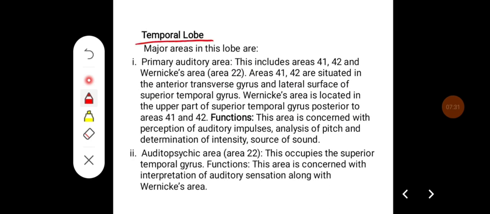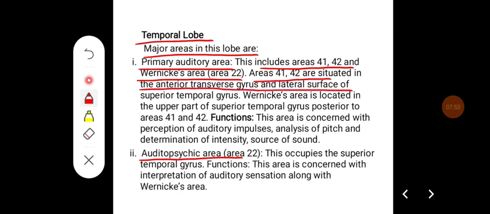Coming to temporal lobe, the major areas of this lobe are primary auditory area and audiopsychic area. Primary auditory area includes areas 41, 42 and Wernicke's area, that is area number 22. Areas 41 and 42 are situated in anterior transverse gyrus and lateral surface of the superior temporal gyrus.